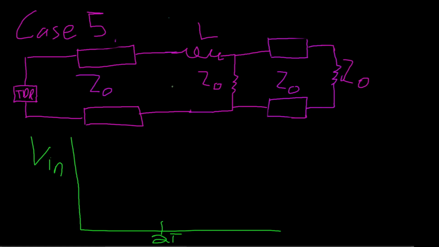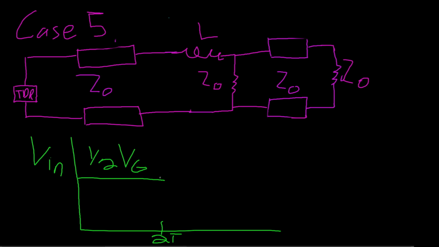Okay, and for the last case, case 5, we have an inductor where the resistor was and a resistor where the capacitor was. The inductor will start out as an open. So again, 1/2 VG. For the first reflection, it's not going to see any of these.